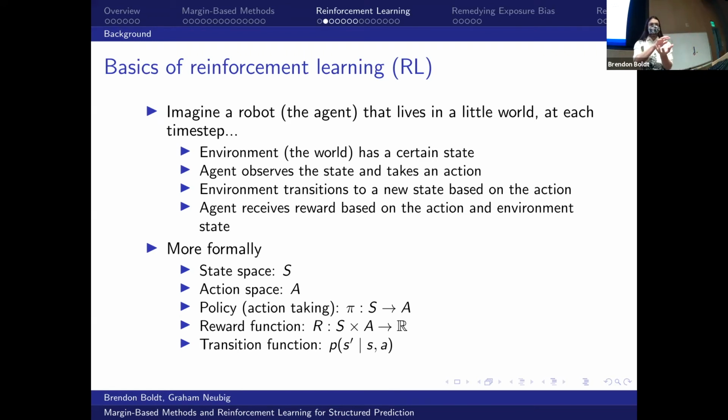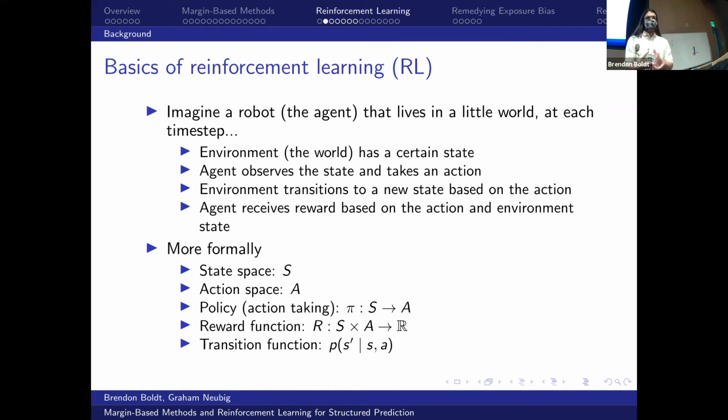Reinforcement learning starts with a robot, which we call the agent, that lives in a little world, usually a virtual world, that we call the environment. Things take place in discrete units of time, like ticks of a clock. At a given point in time, the environment is at a certain state that describes everything in the environment: where the agent is, where any objects might be.